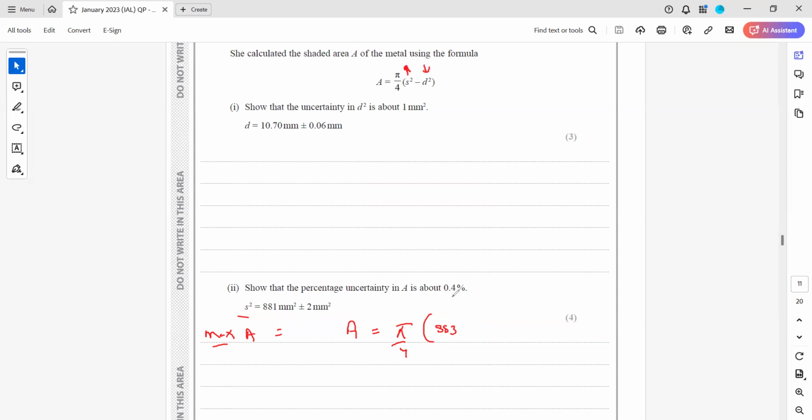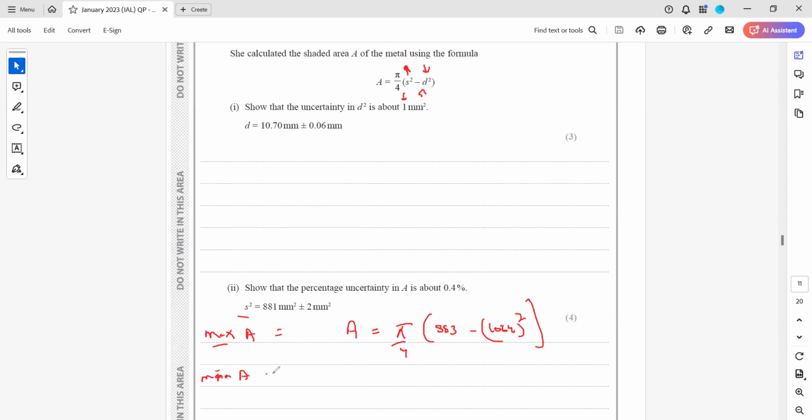And we'll have the minimum value when S square is less and D square is more. So the value of S square is 881, minus the value of D, it will be 10.7 minus 0.06, which is 10.64. But this is D, so it should be squared, and then you substitute the value. This will be the maximum.